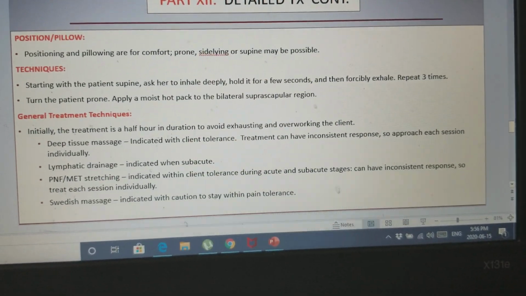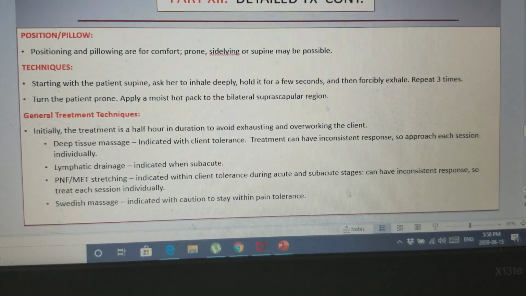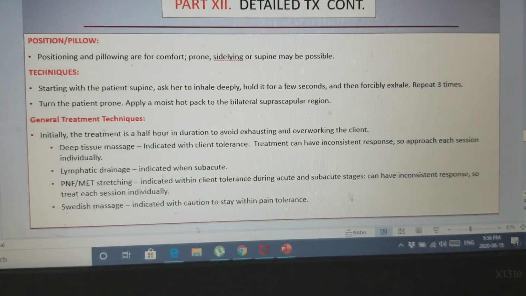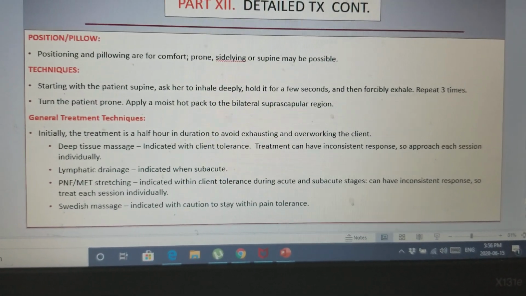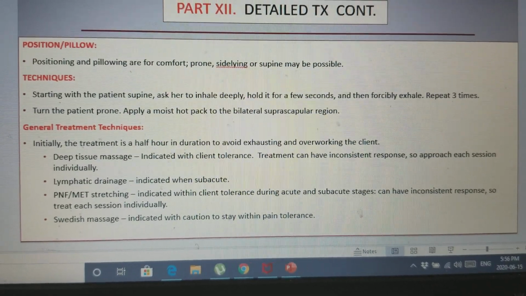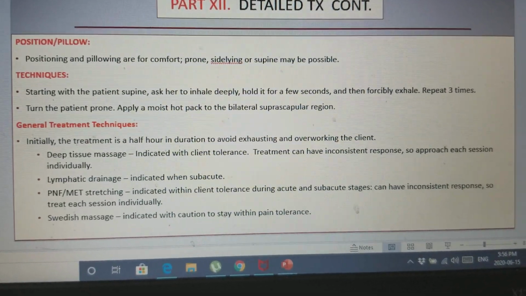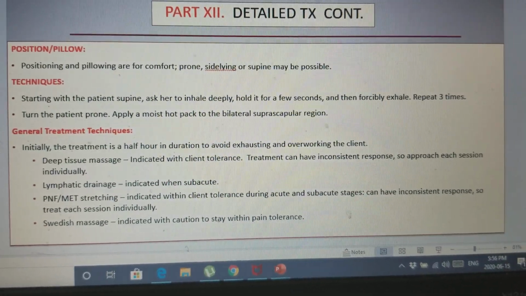And here are additional treatment, the positioning, and the techniques that you can apply in treating this condition. This is more of massage therapy treatment.